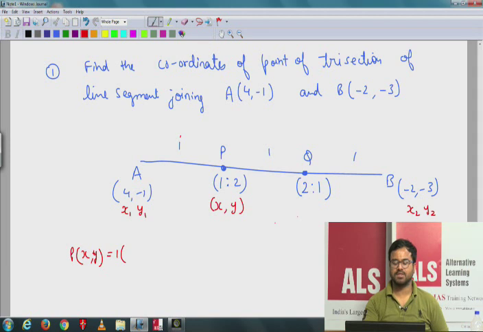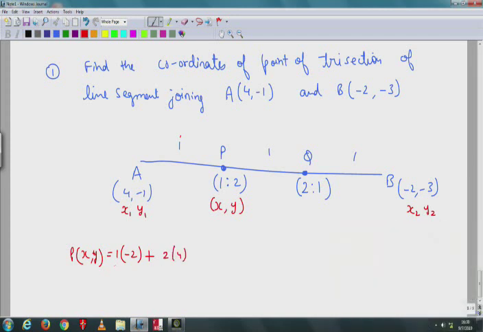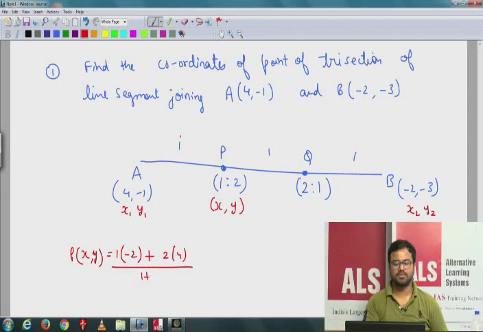So x2 is nothing but minus 2, plus on the right side of P there are 2 parts, so 2 will get multiplied with x1. So 2 multiplied by 4, over 1 plus 2. Similarly for y, 1 multiplied by the right side y value, which is minus 3, and 2 multiplied by the left side y value, which is minus 1, over 1 plus 2.